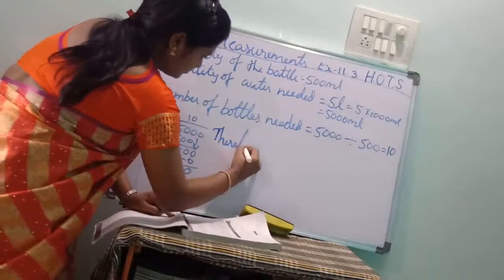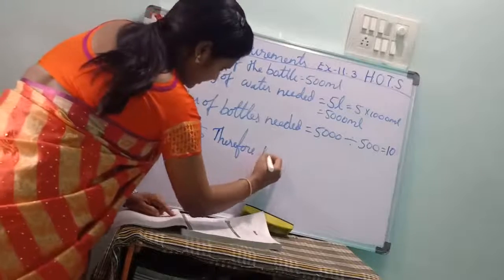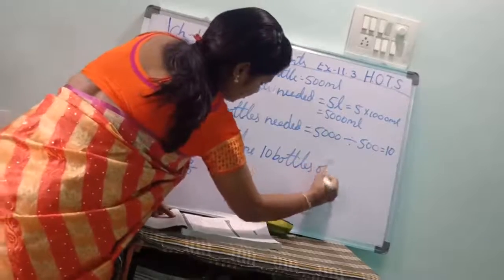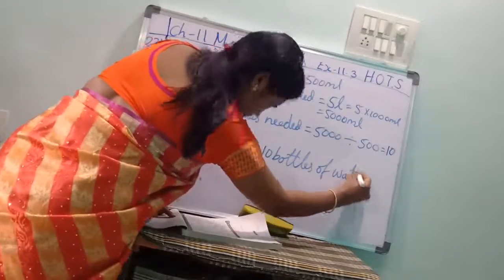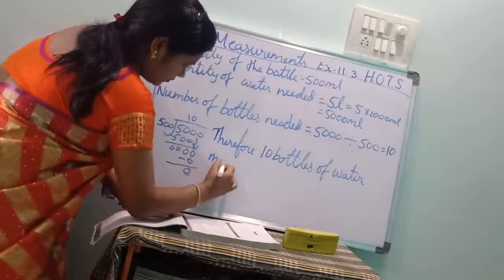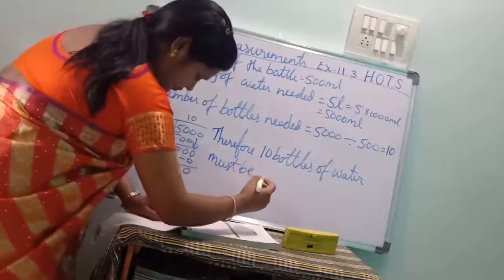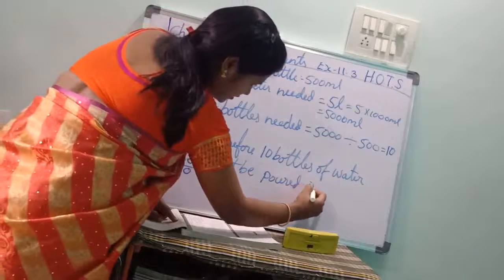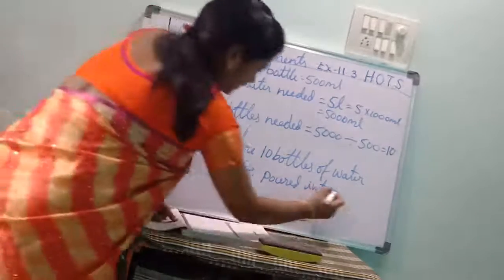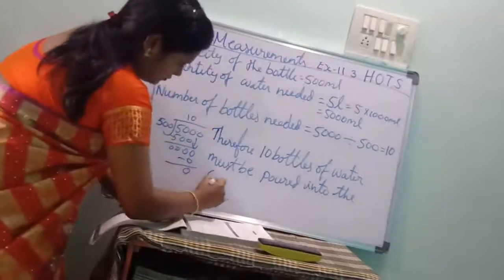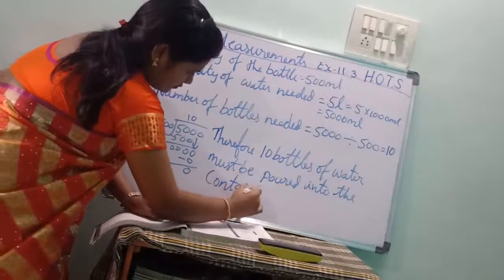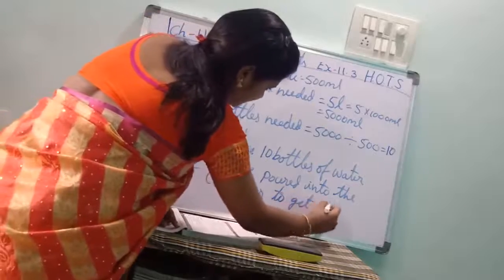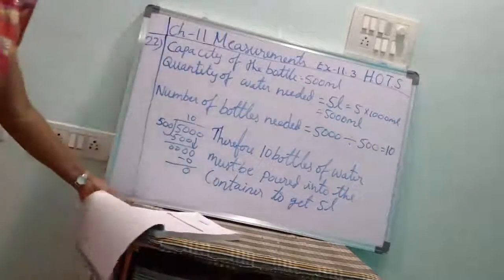Therefore, 10 bottles of water must be poured into the container to get 5 liters. Understood, children? Right.